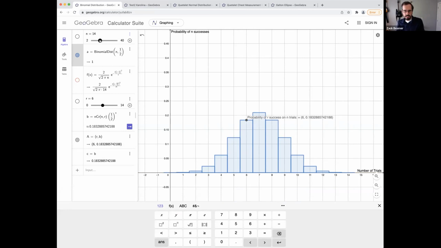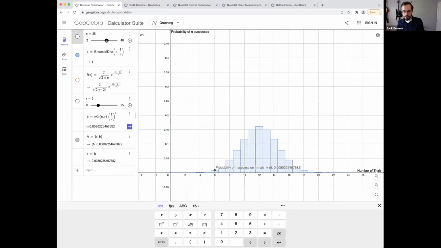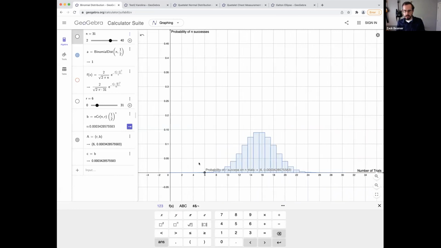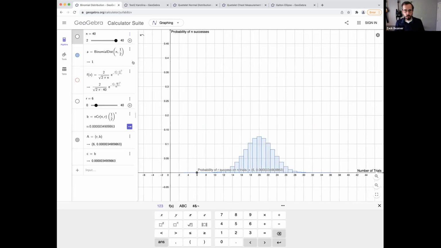But as we can see, as we increase the number of trials, the thing that ends up happening is we get this symmetric shape that is centered around the mean, right? So for instance, when we have, say, 40 trials, if the probability of success is 1 out of 2, we would expect to see 20 as being the most likely outcome in terms of the number of successes.